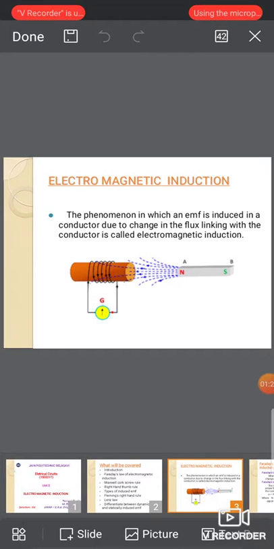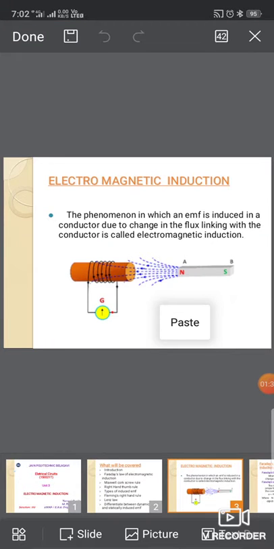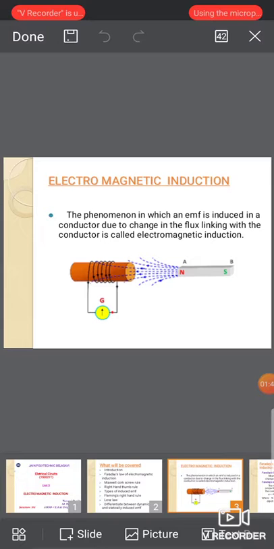When the bar magnet is brought near the coil, the galvanometer deflects in one direction, and when the bar magnet moves away from the coil, the galvanometer deflects in the reverse direction as earlier. Hence the EMF is induced in a coil due to change in the magnetic field.